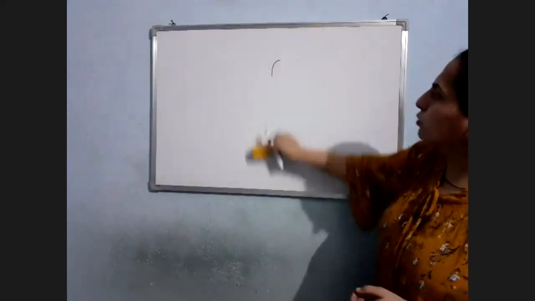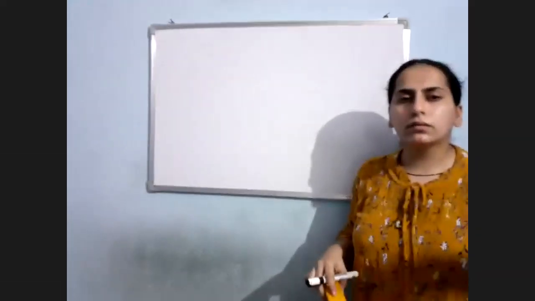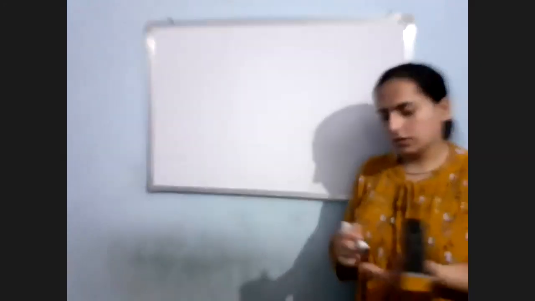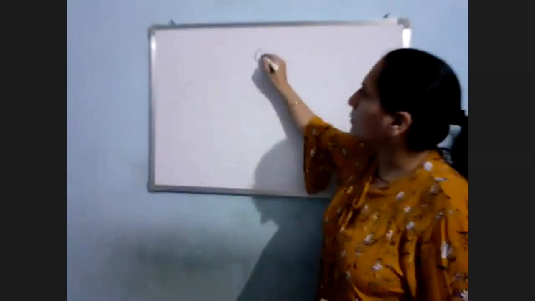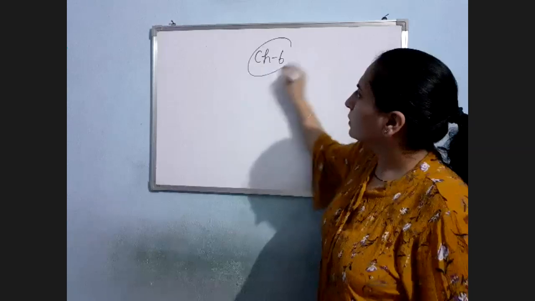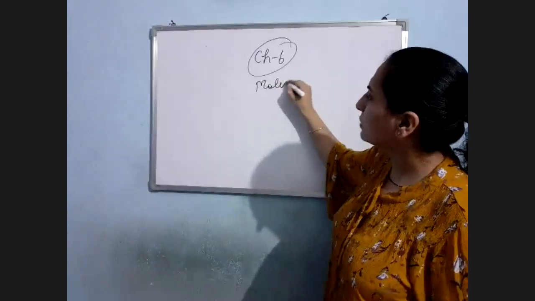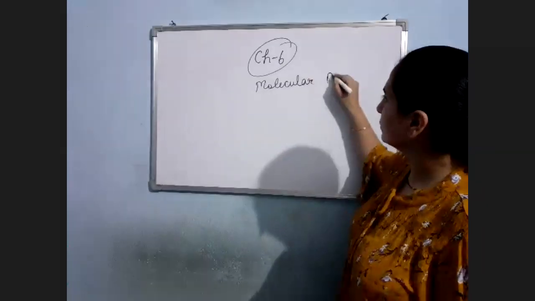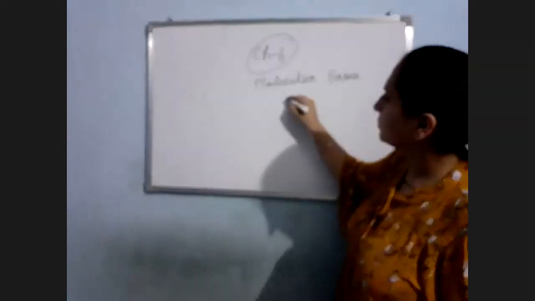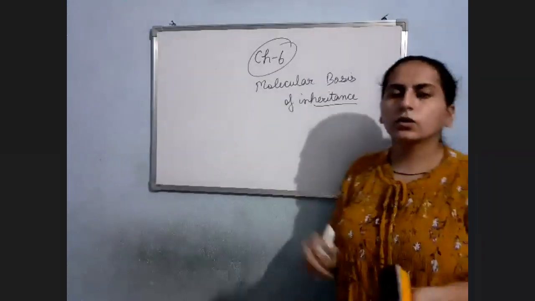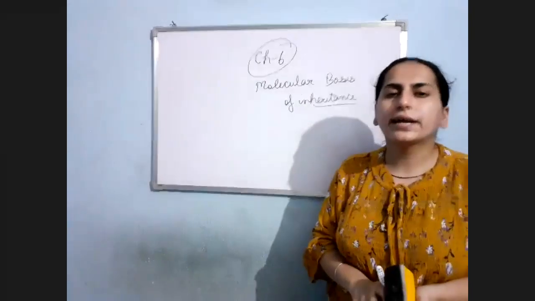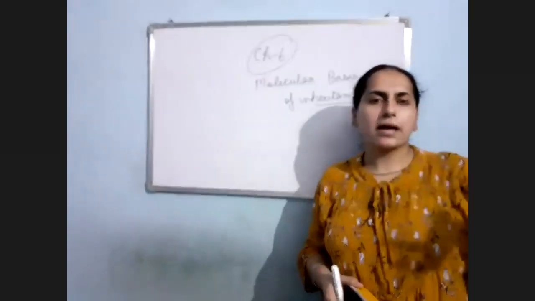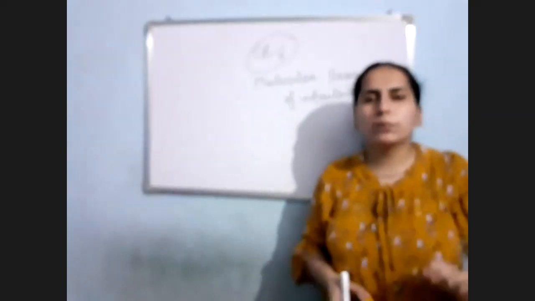Now let us move forward to chapter number 6. If still you are having any doubt in chapter number 5, you can just message me. Now let us start chapter number 6. That is molecular basis of inheritance. Now, inheritance, you know, is transfer of characters from the parents to the offspring.